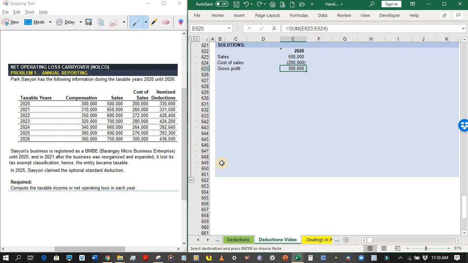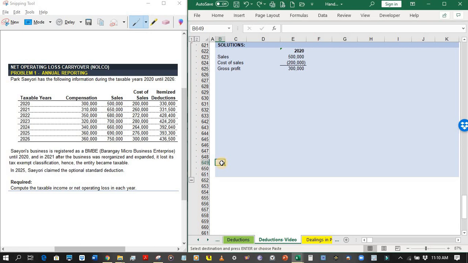Then since we have no other income that is subject to normal tax, we can now deduct the expenses. In the problem, there is no information about the allowable deduction that will be claimed by the taxpayer in 2020. The only information is in 2025 that the taxpayer opted the OSD.